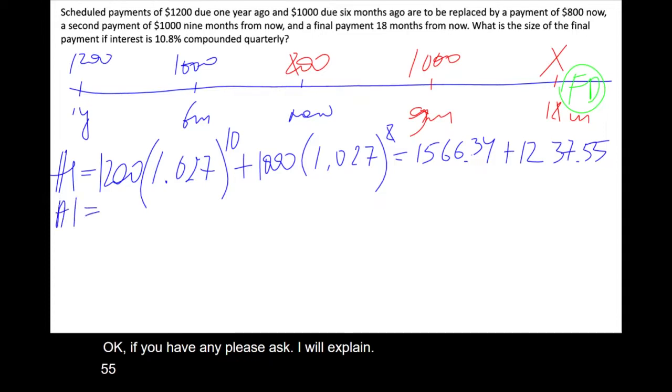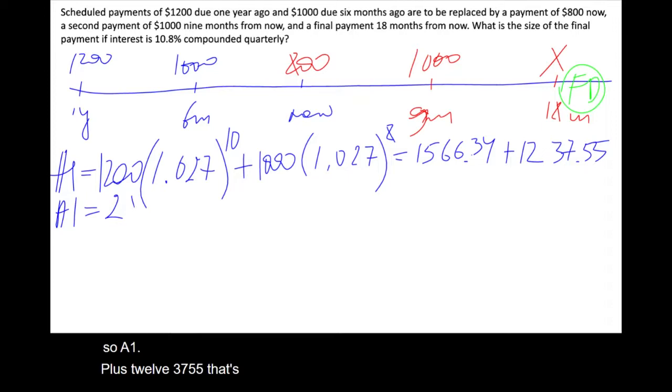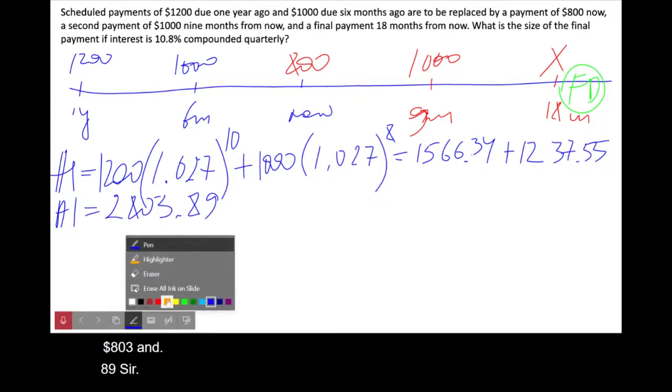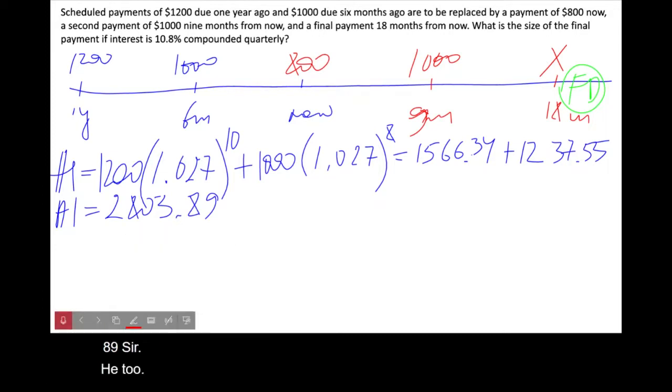So A1 plus 1237.55 is $2,803.89. A2, okay, 800.